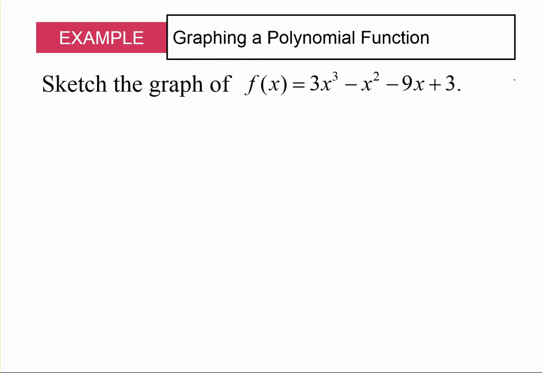So off to the side, you should sort of have this in your mind, right? X cubed looks like this, right? With a positive 3 in front, it just means it looks skinnier.